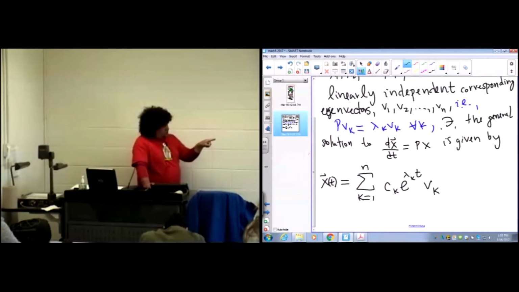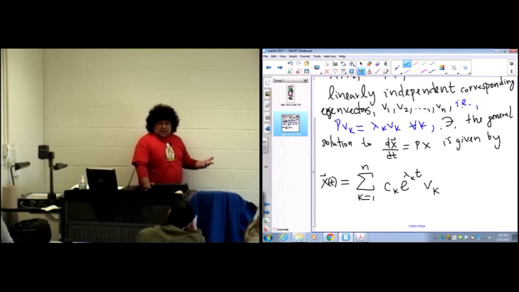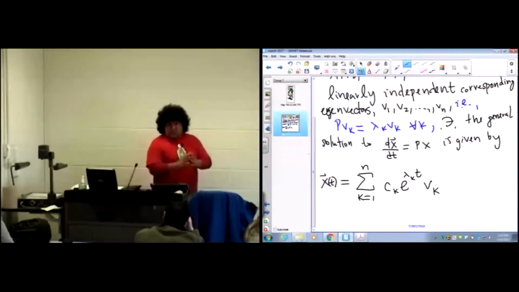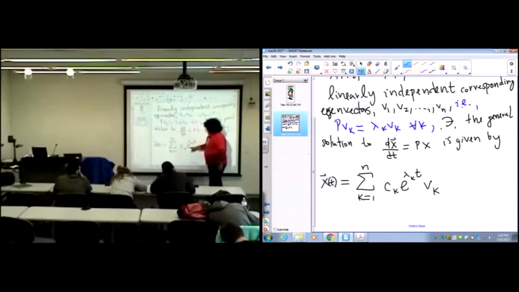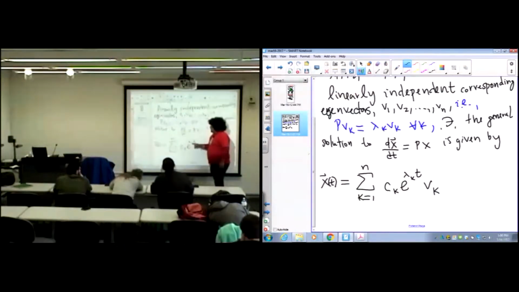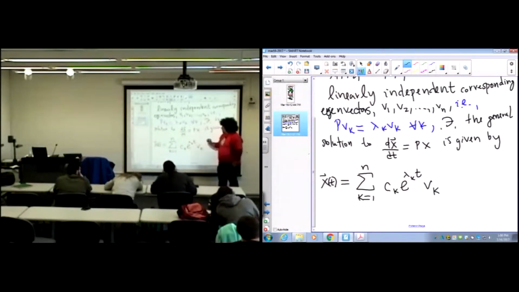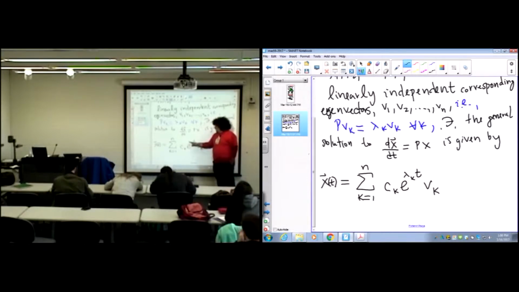Remember, we are looking for values x1 of t, x2 of t, x3 of t, and so on. So this expression has to be a function of t, with t being the independent variable, the definition of this differential equation problem.